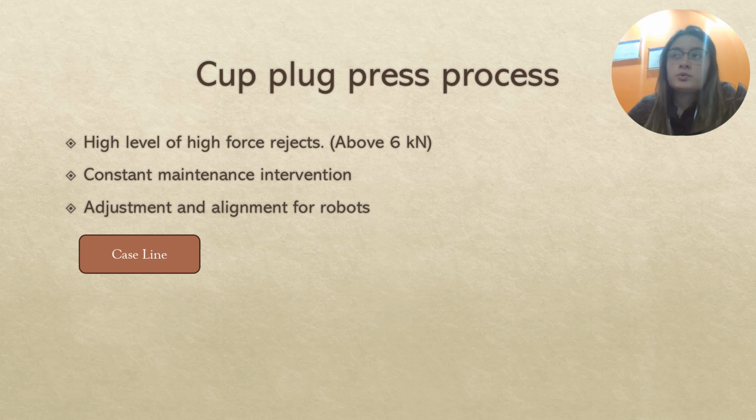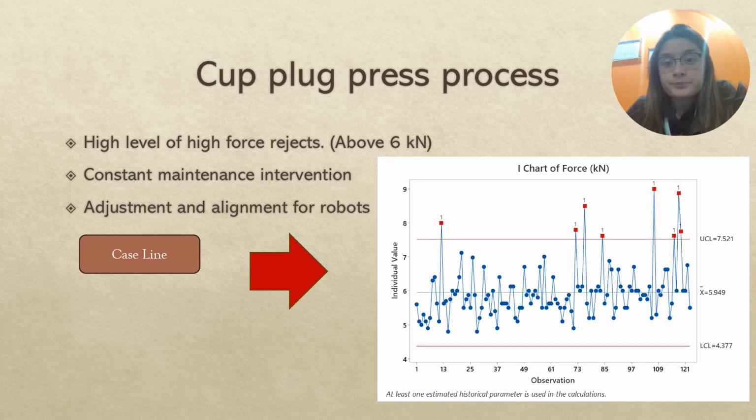This is due to different causes, one of them being the high level of rejects. These rejects are for high force, with a target or upper limit of 6 kilonewtons. And we will see on the control chart that we are going to show you that the mean is 5.9, which is already almost on that limit of 6 kilonewtons.